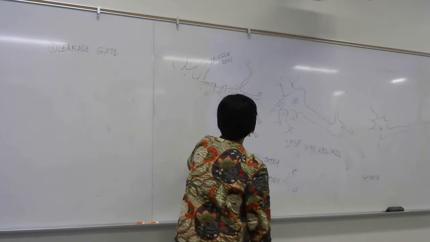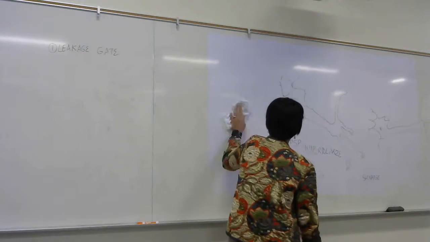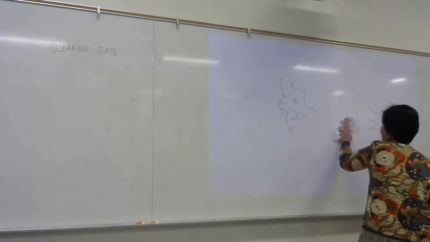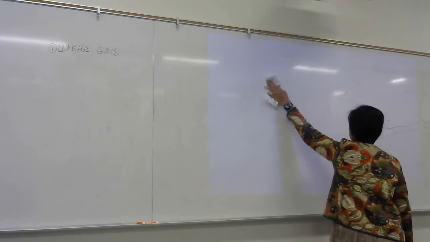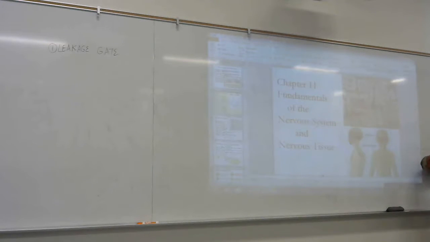The CNS neurons, when they get damaged, the injury is more than likely permanent because of our astrocytes. Remember that? You should know that when any cell gets damaged, they will release chemicals.